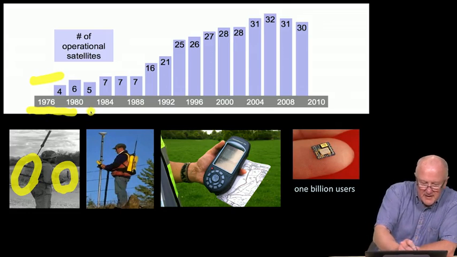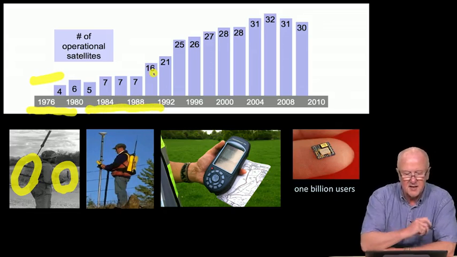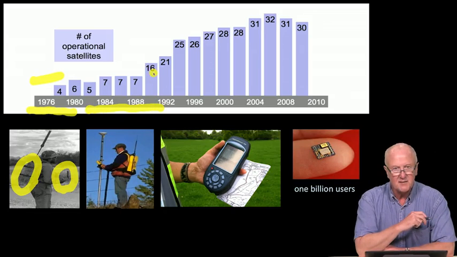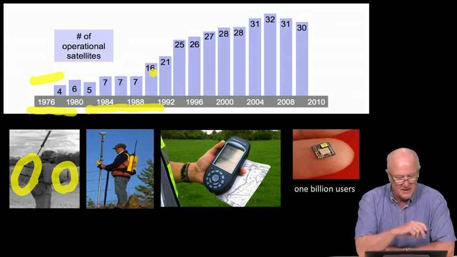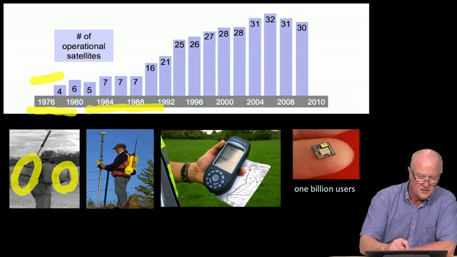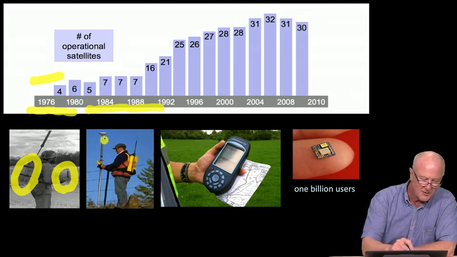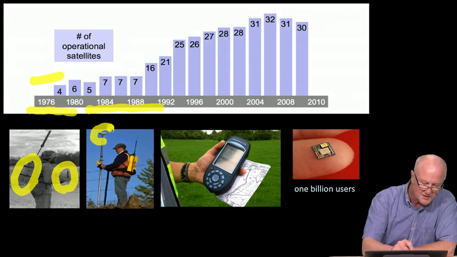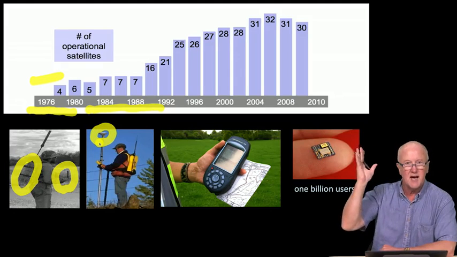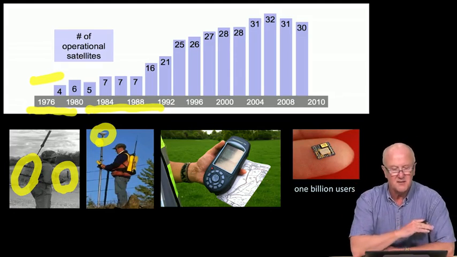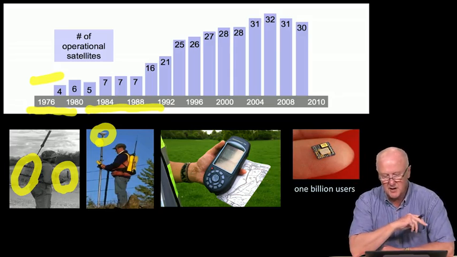As we move into the 1980s, the constellation gets richer and richer, eventually getting up to 16 satellites at the end of that decade. Shown below is a first civil user of GPS, and that's a surveyor. He's doing land survey, and he's carrying the GPS antenna on a stick so he can have it nice and high up above any effect from his own body or any nearby object.